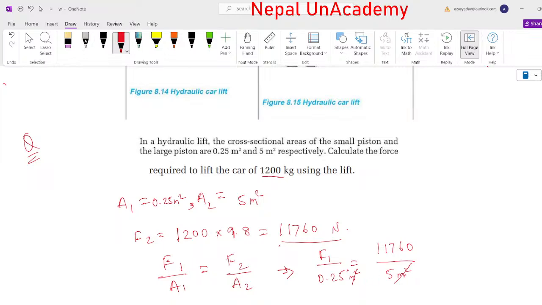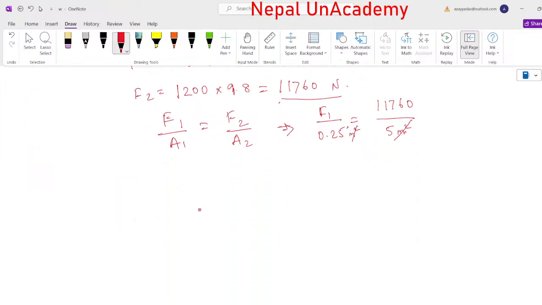So what will this become? Please let me know in the chat if you calculated. F1 is nothing but 11760 into 0.25 by 5. From here 20 will be added and 10 will be cancelled out.